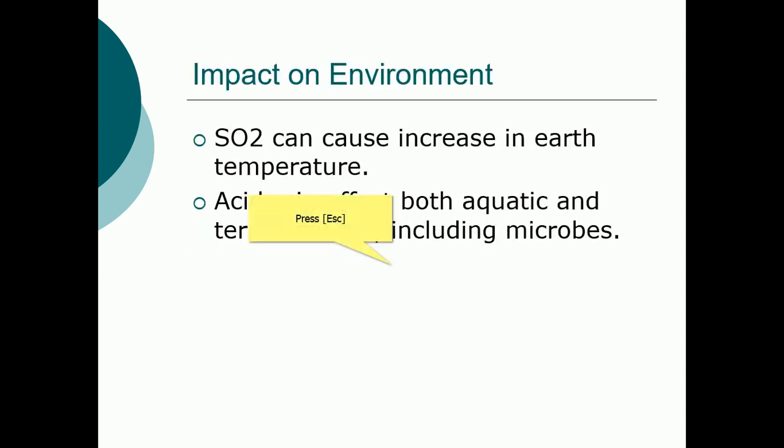So these are basically the things that cause it, but just like we said earlier, this SO2 causes an increase in earth temperature, which makes it part of the greenhouse gases.